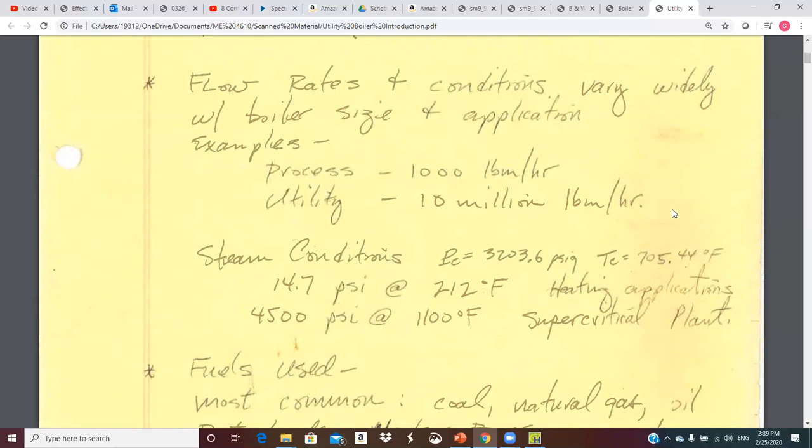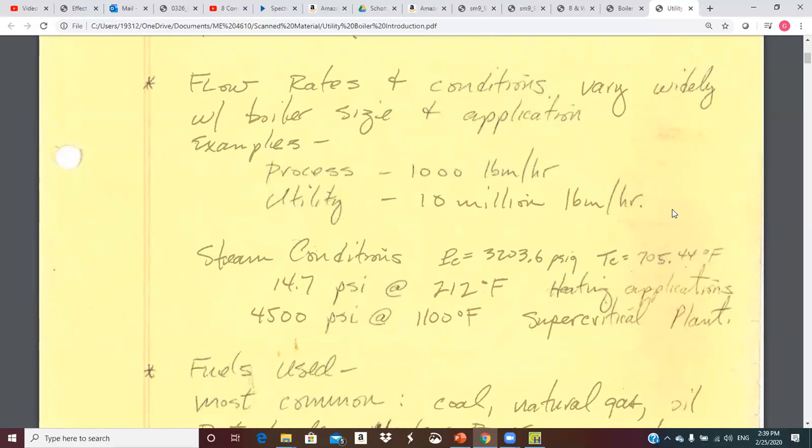If you've got a T-S diagram, you've got that isobar that just touches there and comes down like that. So at pressures above that, you don't interact with the dome on the heating cycle.